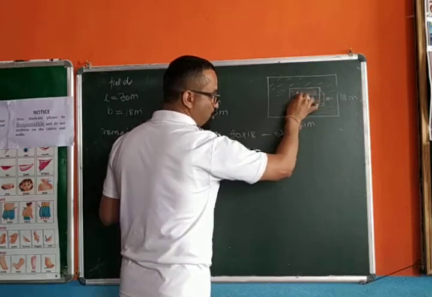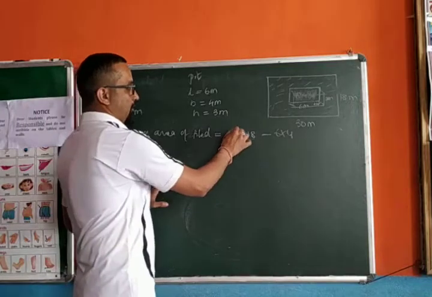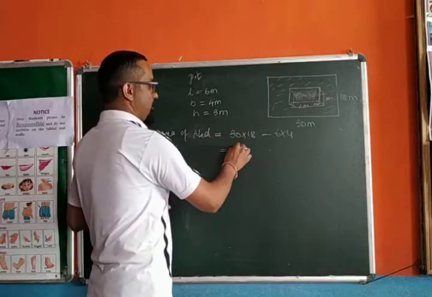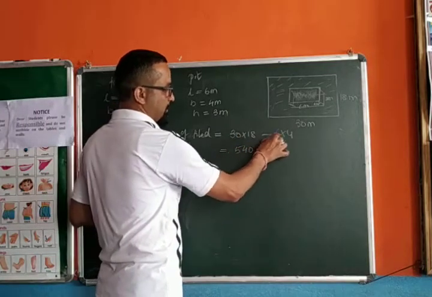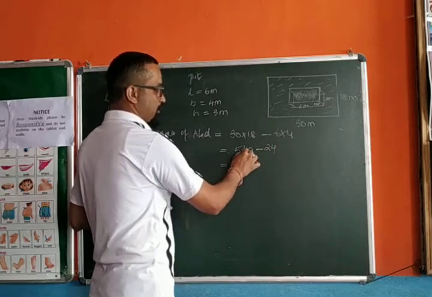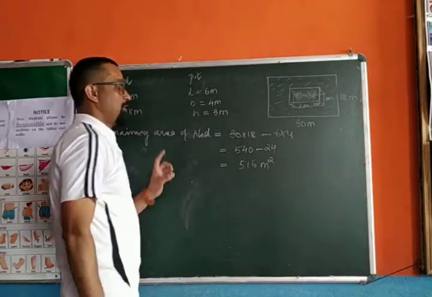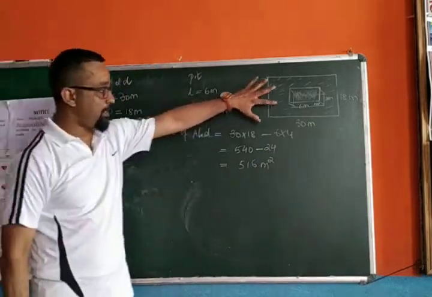Only the top portion we are calculating. 30 into 18 is 540, 6 into 4 is 24. Subtract, you get 516 meter square. This portion area is left.